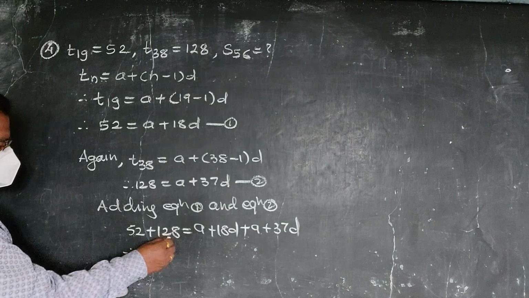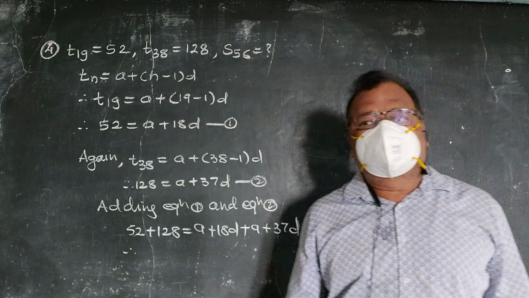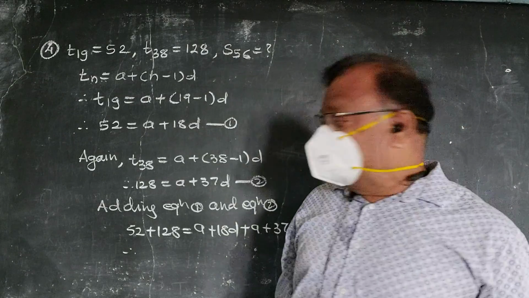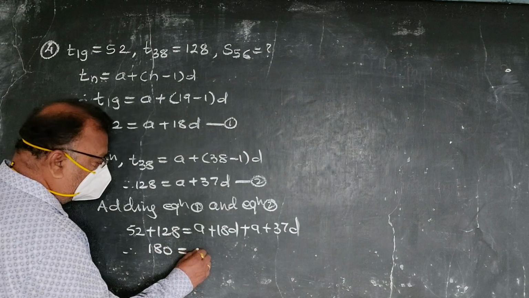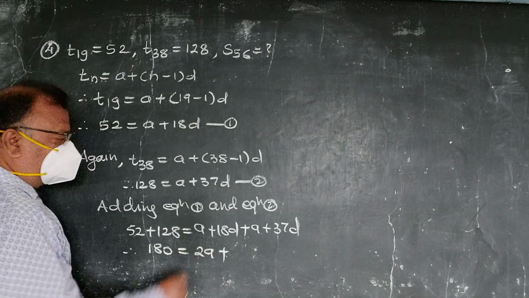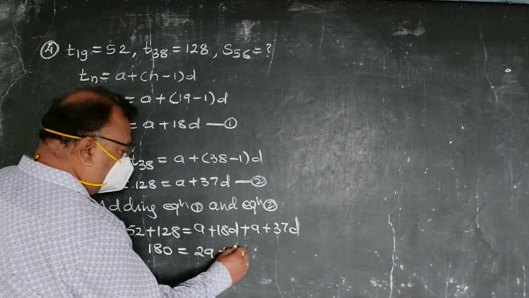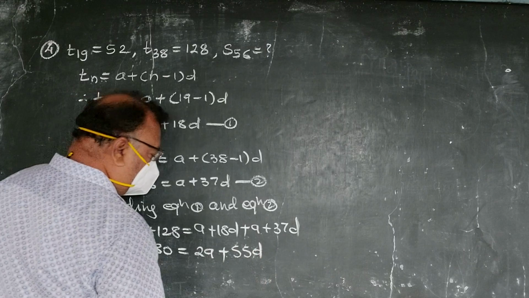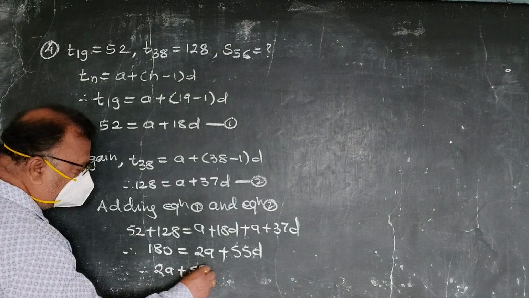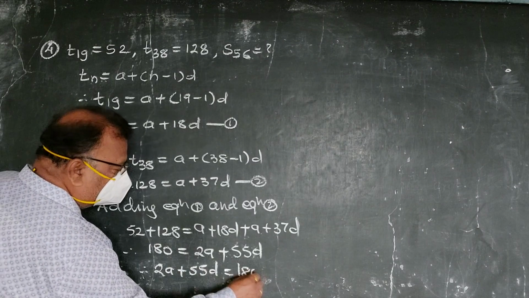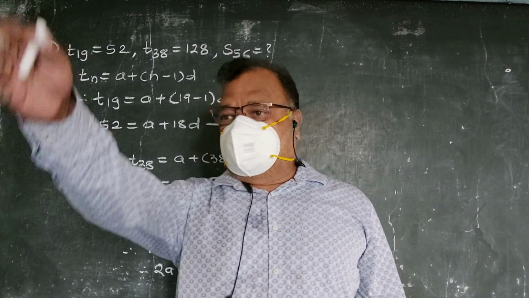Therefore, what is 128 plus 52? 180. So we will write here 180 is equal to 2A plus, what is 18 plus 37? Once again check it out. 55d. Therefore, 2A plus 55d is equal to 180. We will call it 3.